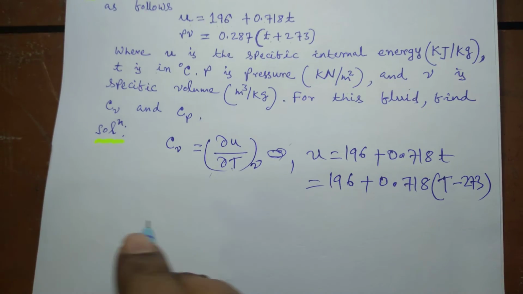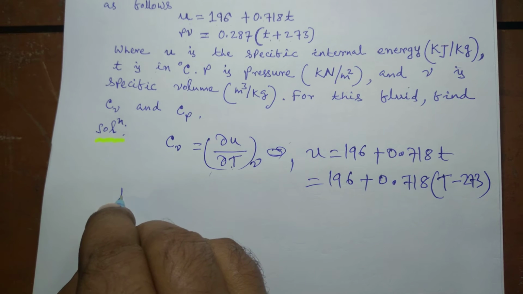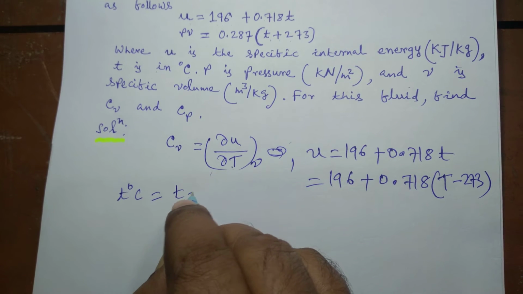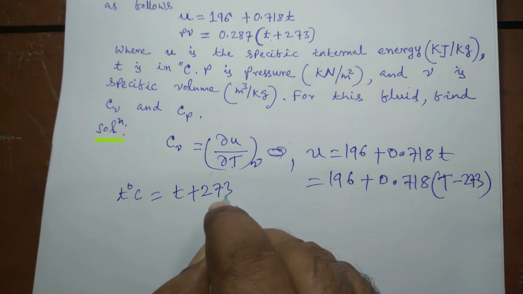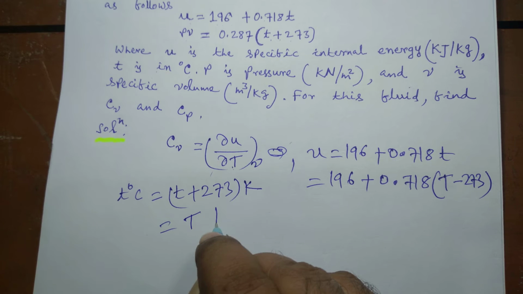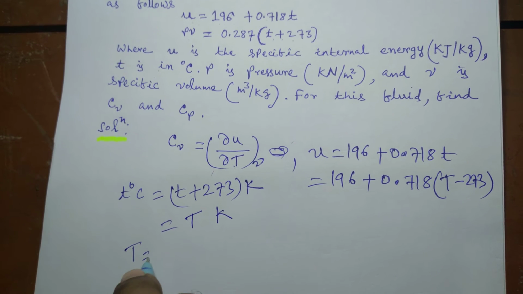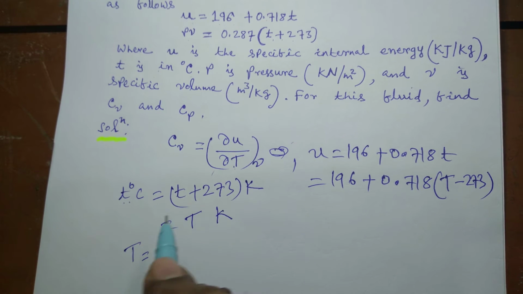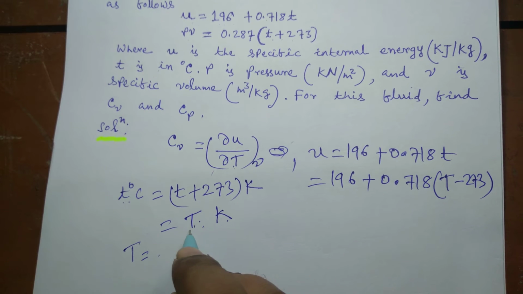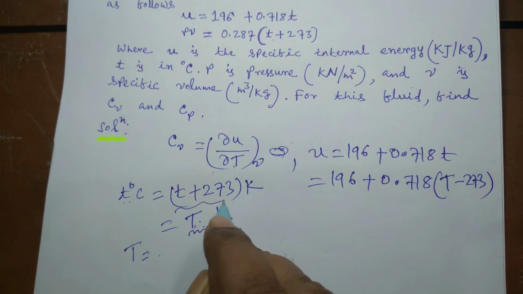We know that t degree Celsius is nothing but T, that is t plus 273 Kelvin. So capital T Kelvin would correspond to t degree Celsius, where the numerical value of T will be t plus 273.